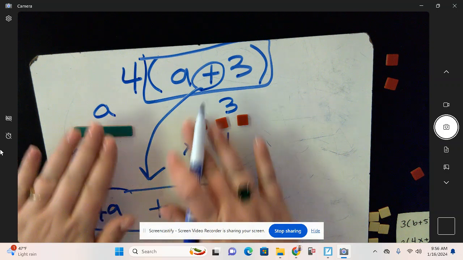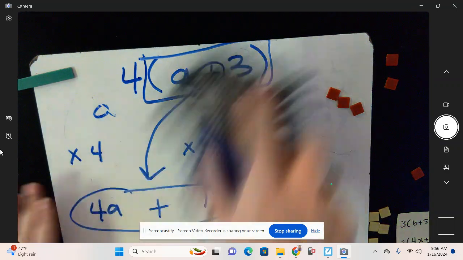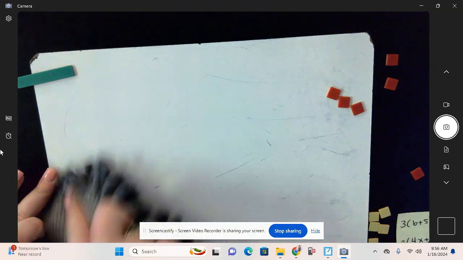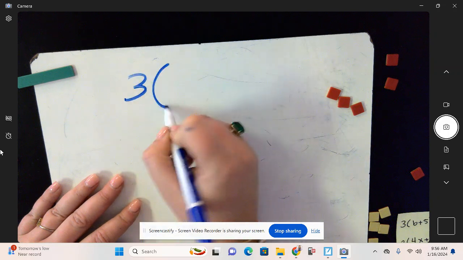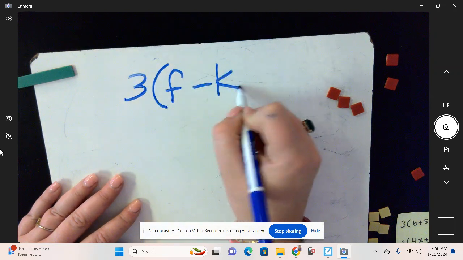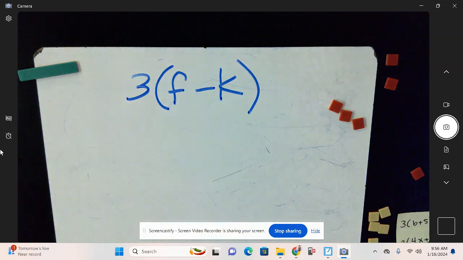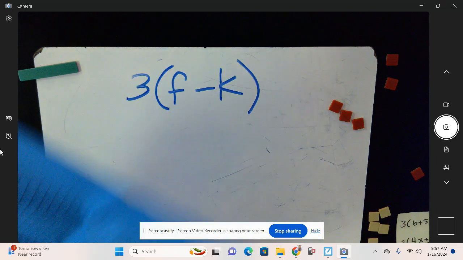All right. If I had 3 times F minus K, 3 times the difference of F and K. Three times the difference of F and K. Now, we have 2 variables going on right now.